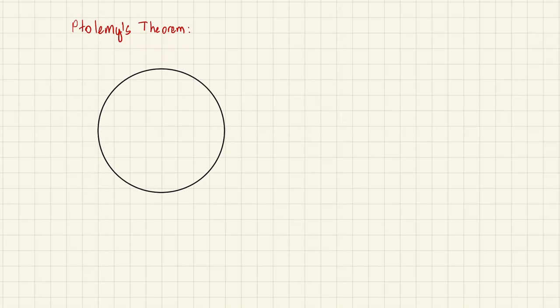Ptolemy's theorem works if you have a cyclic quadrilateral in a circle. So that's why we just need a cyclic quadrilateral. Let's say this is one side and this is another side. And let's assume this is the third one.